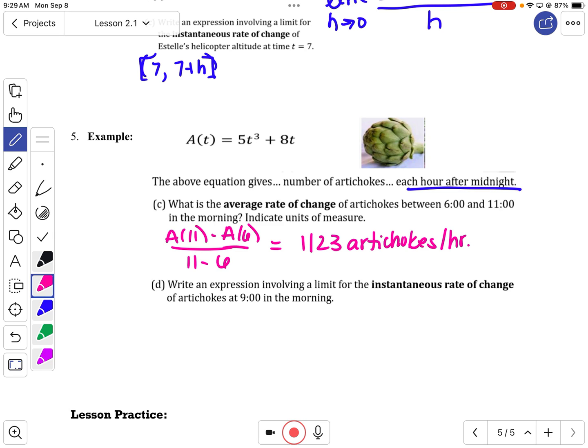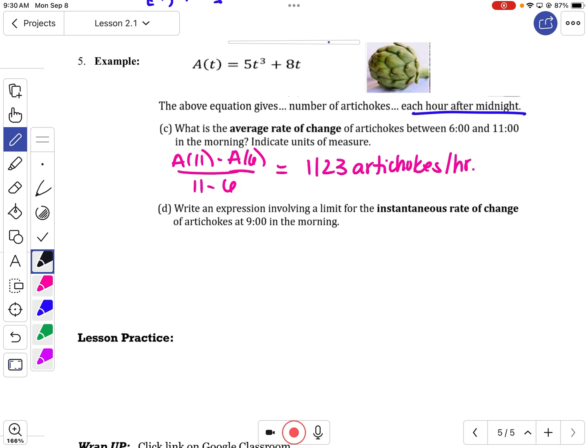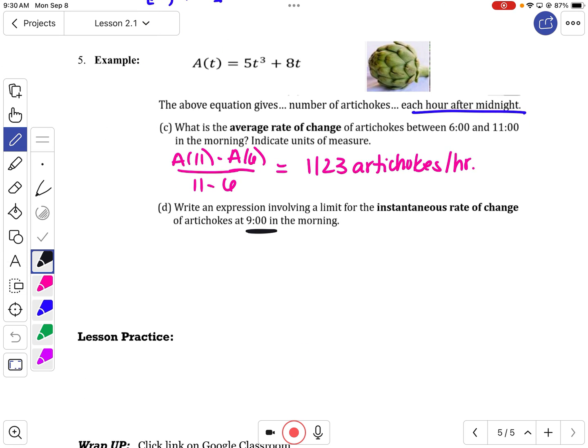Artichokes per hour, right? So now we want an expression for the instantaneous rate of change at 9. If you're thinking about the difference quotient, that would be your two x values that you're going between. So limit as h approaches 0, A of 9 plus h minus A of 9, over h.